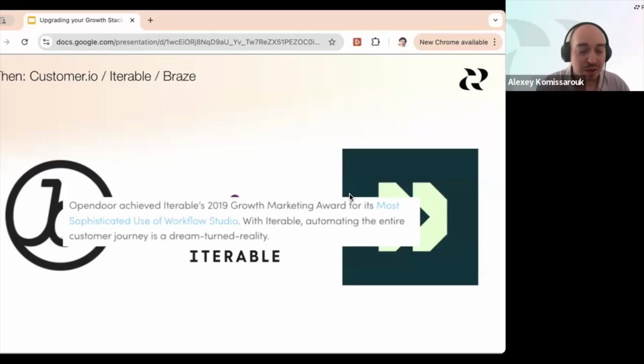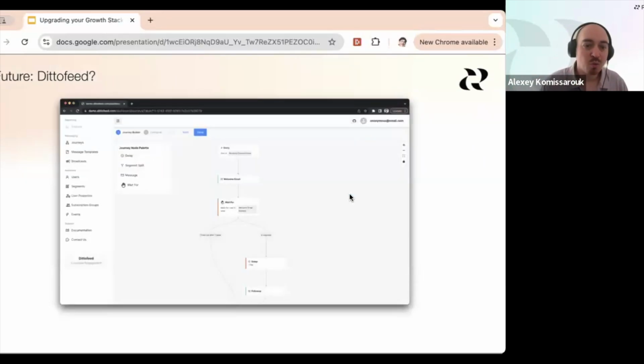And so what typically happens when a company starts to run into the edges of one of these tools is they move in-house. One potential future are companies like DittoFeed, which is just a year or two old out of YC. It's ex-Braze folks.